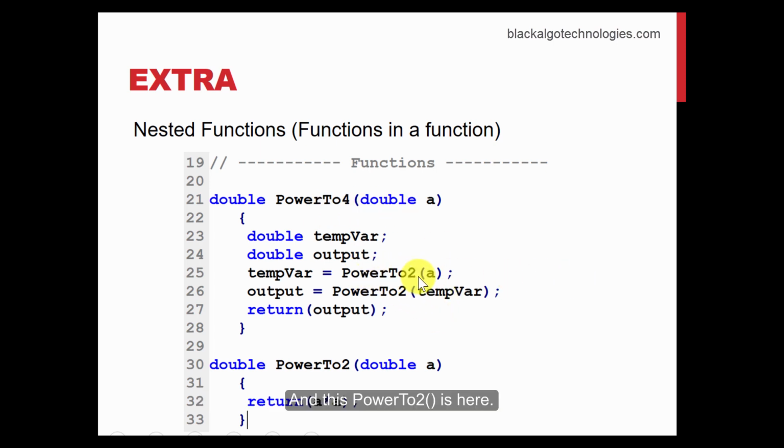And this power to 2 is here. I'm not going to go through this example. I recommend that you pause the video right now and try to see how it works. Alright, pause it. Okay. And temvar is just short for temporary variable. Not that the name really matters.